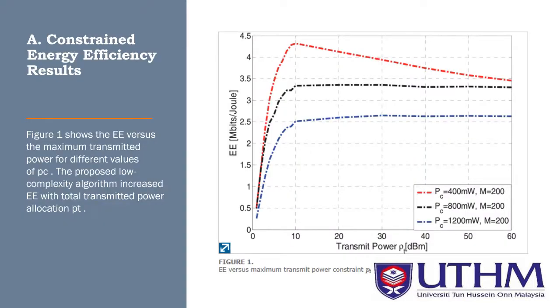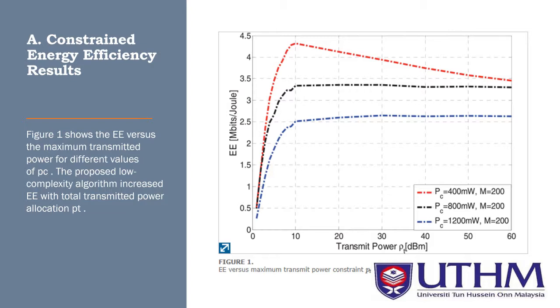The first one is a constrained energy efficiency. Okay, Figure 1 shows the EE versus the maximum transmitted power for different values of PC. The proposed low complexity algorithm increases EE with total transmitted power allocation PT. As you can see, the red one is PC 400 milliwatt and M 200, and the other red one is 800 milliwatt and the same value for M 200.